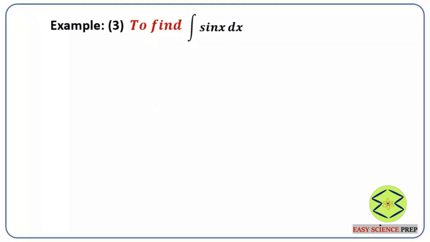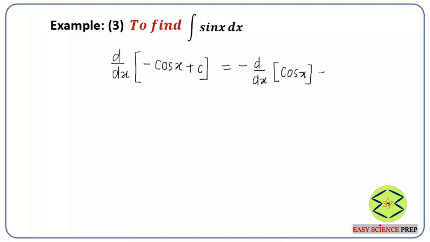Okay, so now we know that if I take differentiation or derivative of the function minus cos x plus c, by our basic understanding of differentiation, we can write this as minus derivative of cos x and then plus derivative of c, that is a constant function, but the derivative of constant is going to be 0, and derivative of cos x is minus sin x.